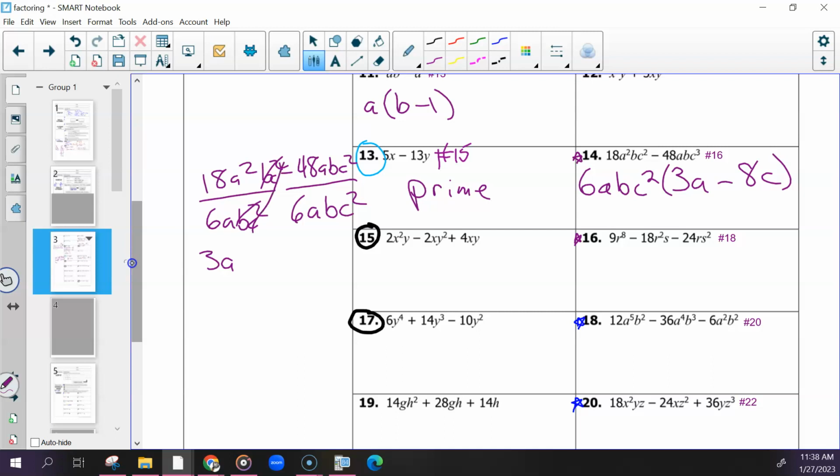So the only thing left there was 3a. Then for the second one, negative 48 over 6 was negative 8. The a's canceled. The b's canceled. Sorry, that should have been 3. And then there was one more c than we divided out, so 1 c was left. So if the dividing piece helps you cancel stuff out, see what's left, do that. If you can see it without, you don't need to do that. Questions on that one?